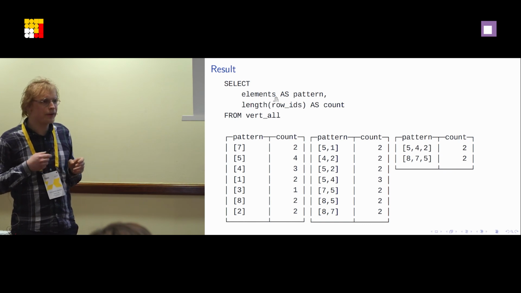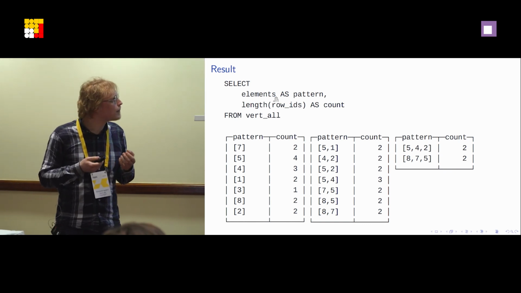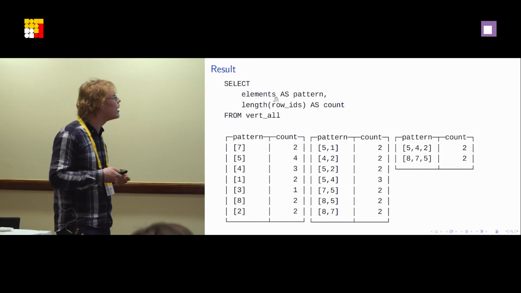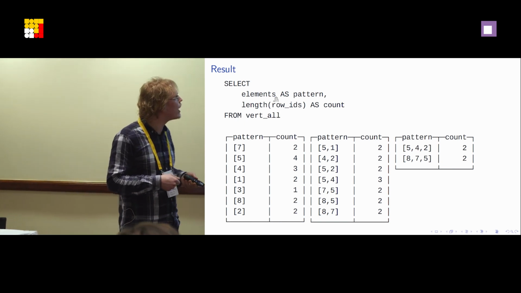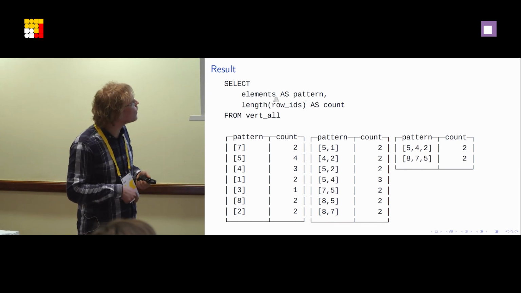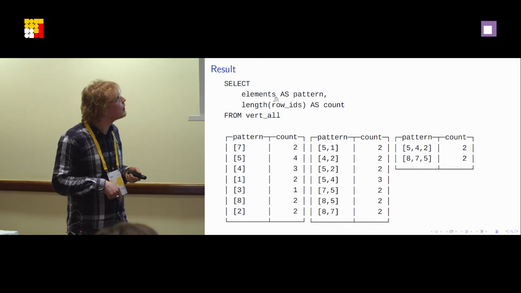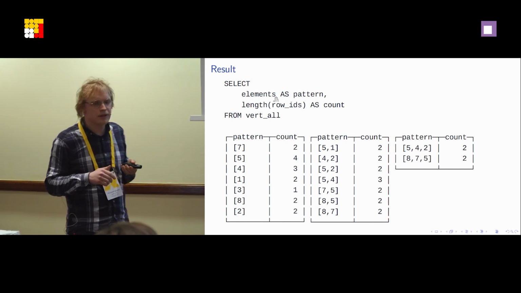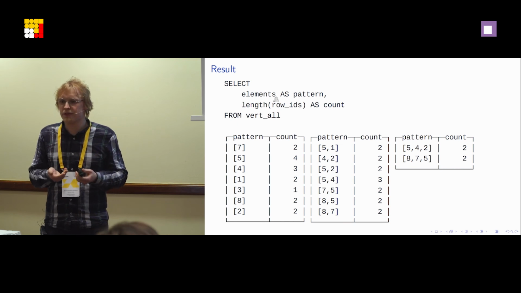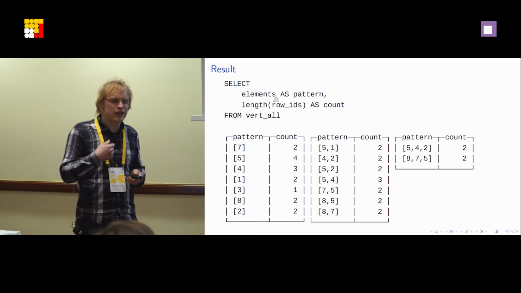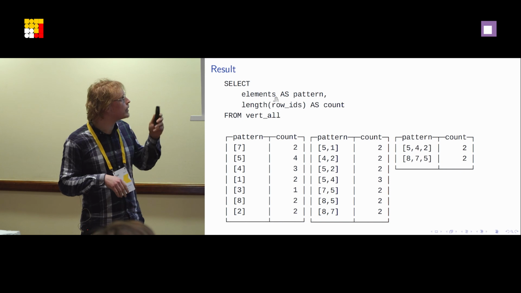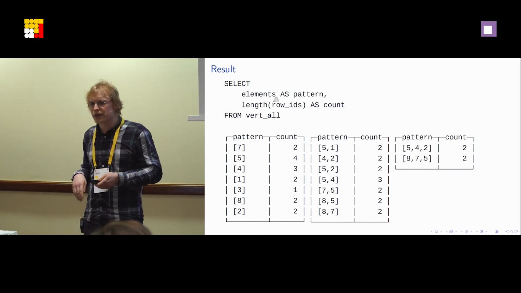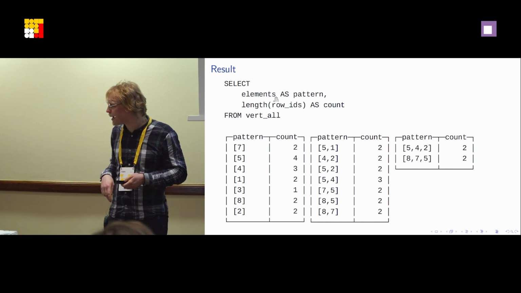Eventually, this is not a very efficient algorithm. There are more efficient versions. For example, if you have a 5, 4, and 2 pattern, then maybe you don't need the 5 and 4 pattern, because you already have this information. This kind of mining, when you avoid getting these sub-patterns, is called closed patterns mining.